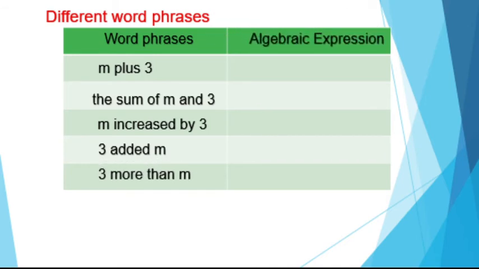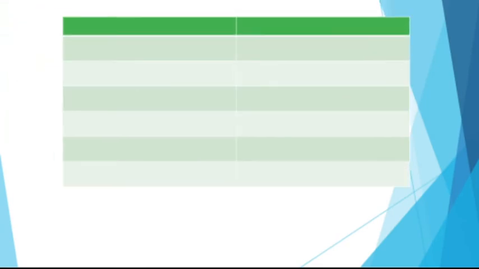So, in algebraic expression, m plus 3, those are the sum of m and 3. Those are phrases. But if you're going to write that into an algebraic expression, that is equal to m plus 3.